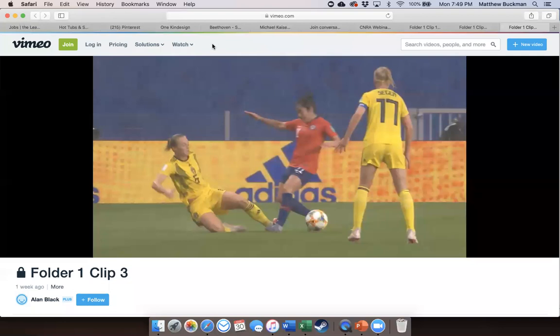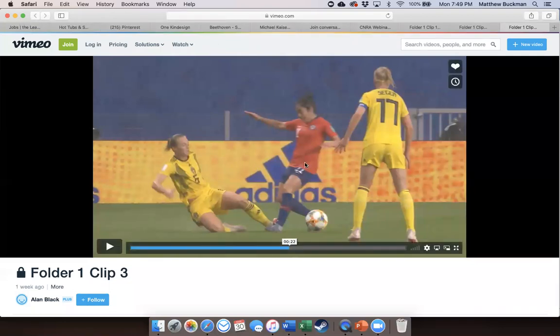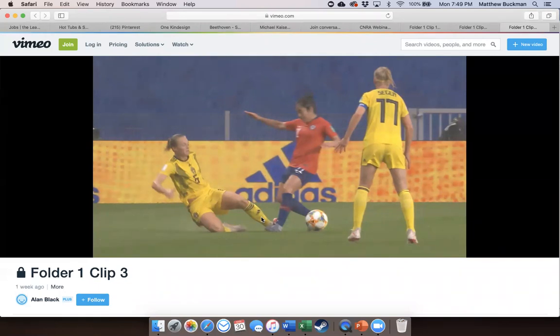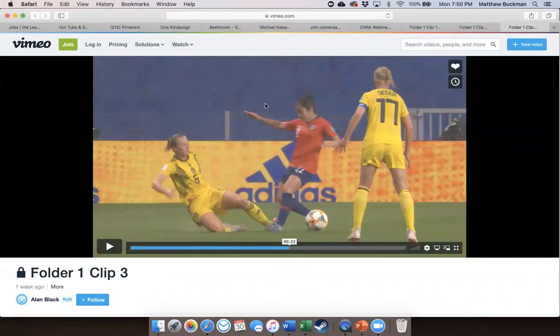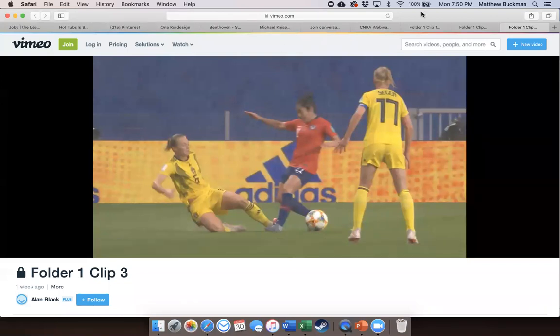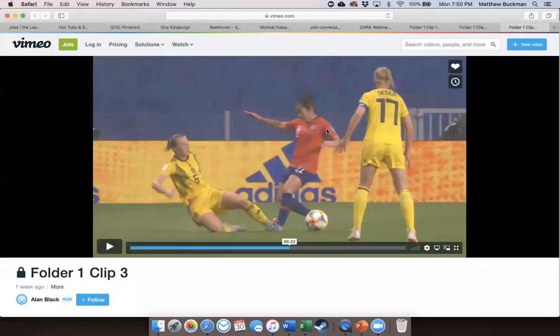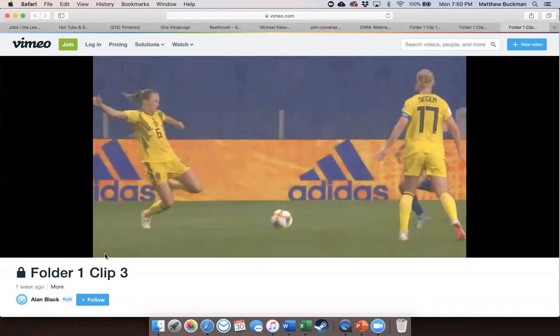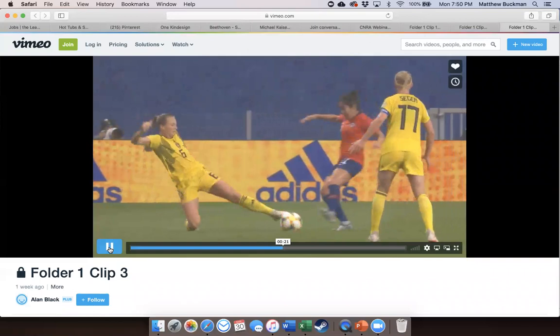A couple of other comments we saw. The red player moved into the yellow player's space after she was already making that challenge. Therefore, it's the red player's fault that she got stuck in the ankle with some studs. So again, I want to reemphasize, just like with the first clip that we watched, this red player has the right to run just about anywhere on the field, and the ball's in close proximity, and she's trying to put her foot on it.